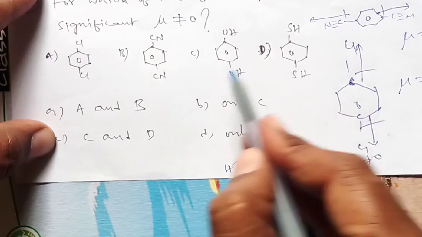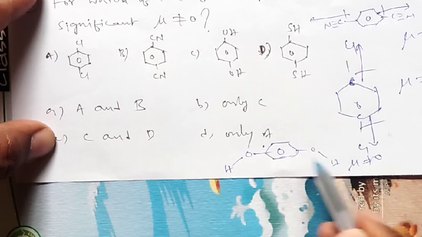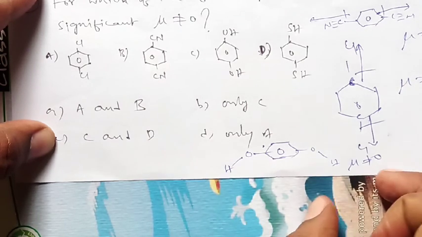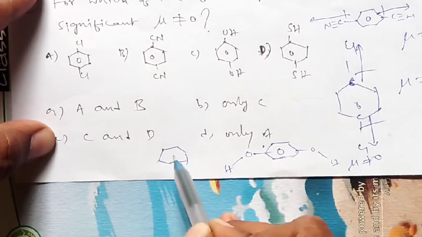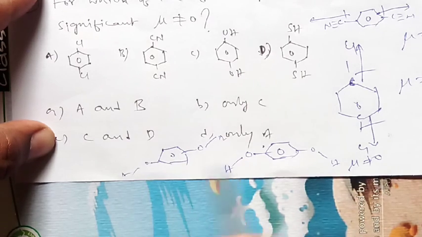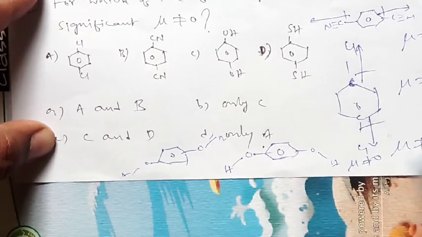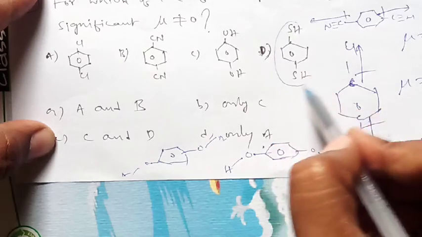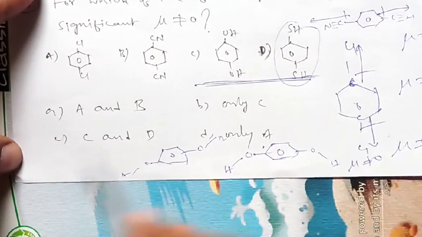In the case of thiols also, same reason. Is it clear? Take the OH on one side in this way, otherwise opposite. Based on the arrangement, the dipole moment does not work equally on both sides. Definitely there is a difference. Hence mu is not equal to 0. Similarly in the case of thiols also. That is why in the case of these two, C and D, mu is not equal to 0.